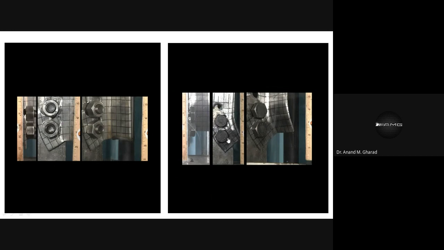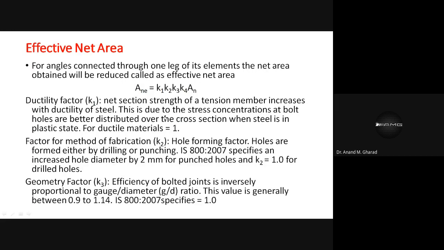So in both the cases, you must have observed that the failure occurred from the toe portion of the angle section. So there are only definite two sections. This one will be the first, and this will be the second failure plane. Okay, so this was what it was with respect to the angle section, typical angle section, right?